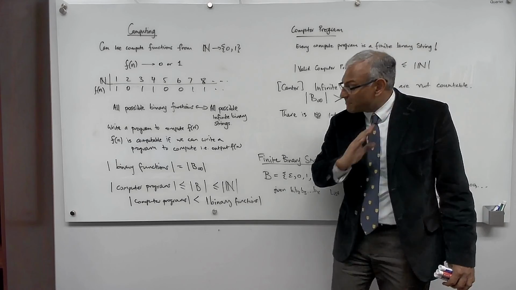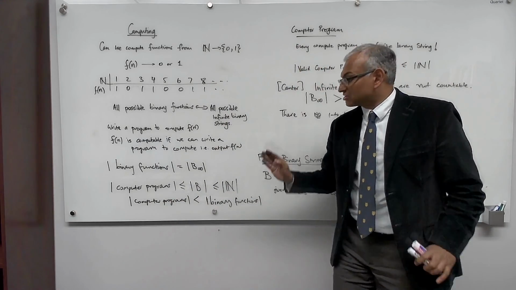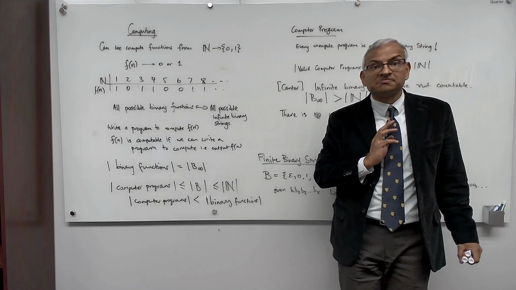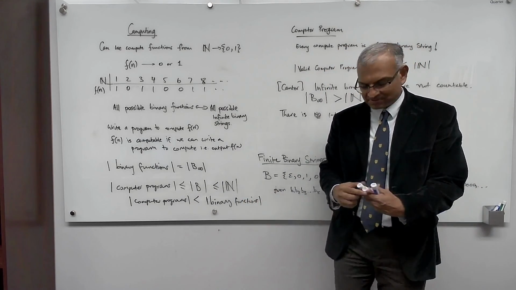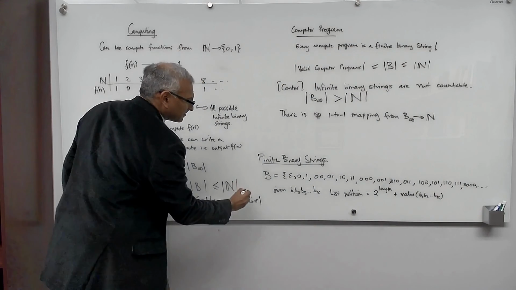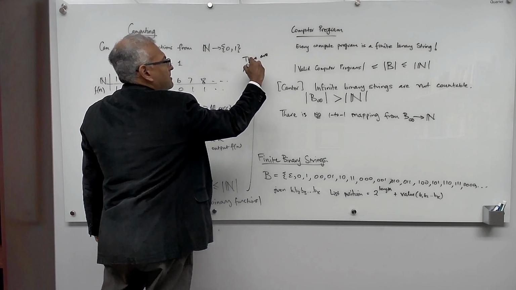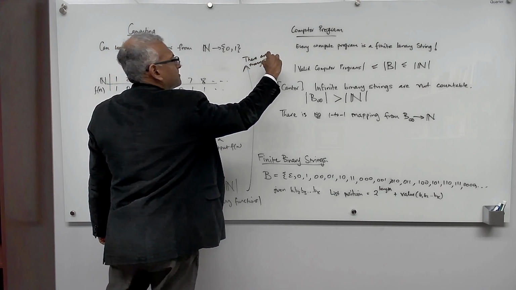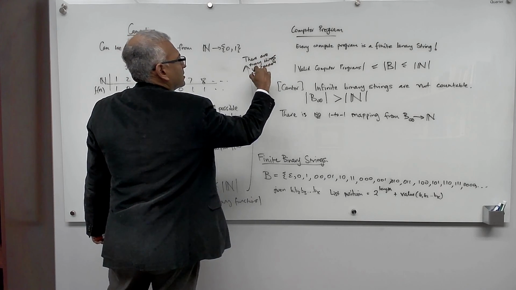There just are many functions for which there do not exist computer programs that compute that function. There are many things that we cannot compute. So the conclusion: there are many things we cannot compute.